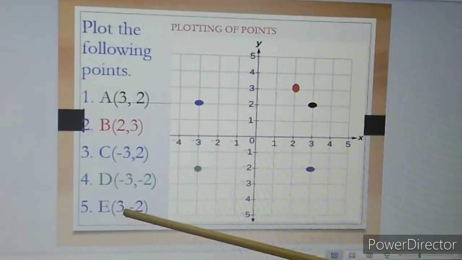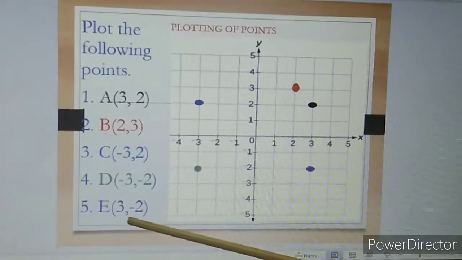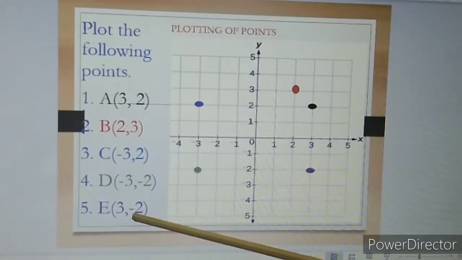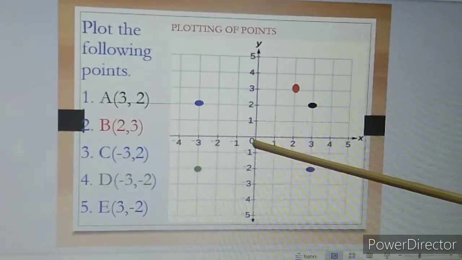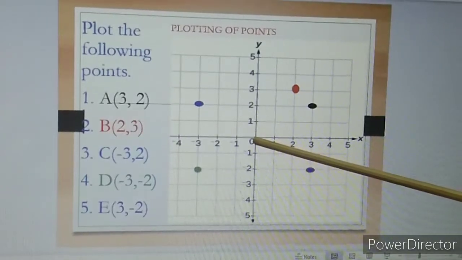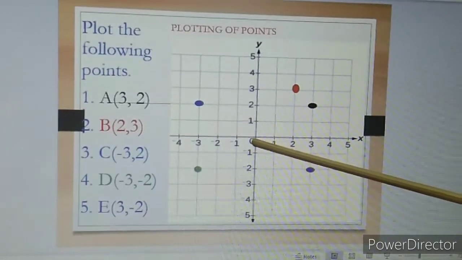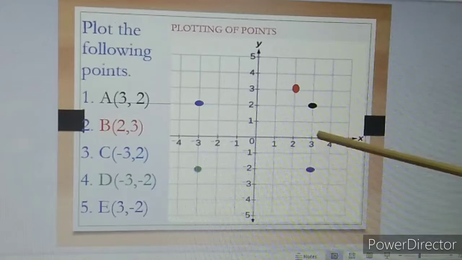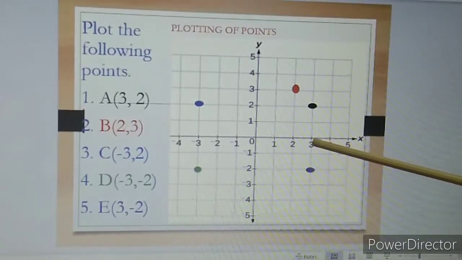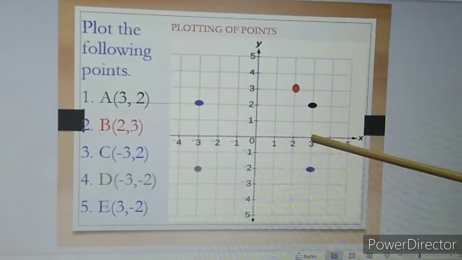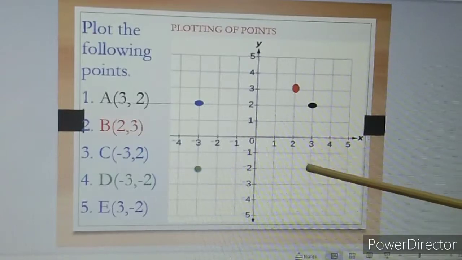Number 5 or point E has the coordinates of 3, negative 2. So from the origin, we will count 3 units to the right because it is positive: 1, 2, 3. And then negative 2, so 2 units down: 1, 2.